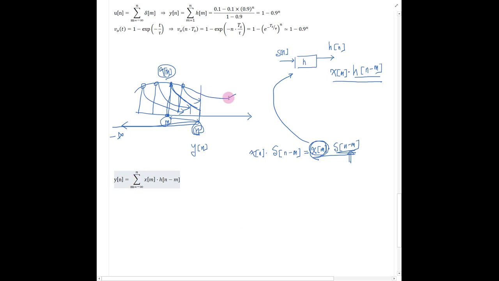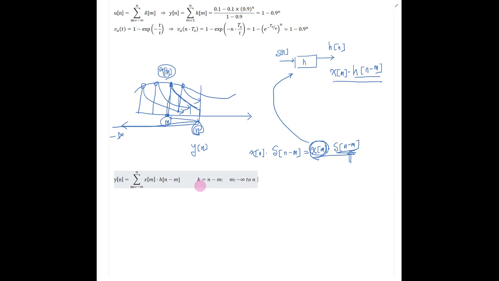In non-causal cases, we can extend it, because if the future data affects the current, we have to extend this value. But at this moment this is a causal system, so we only consider the past and the current values. So we can replace the variable n minus m with a k value. I mean k is replaced by n minus m, and m changes from minus infinity to n.